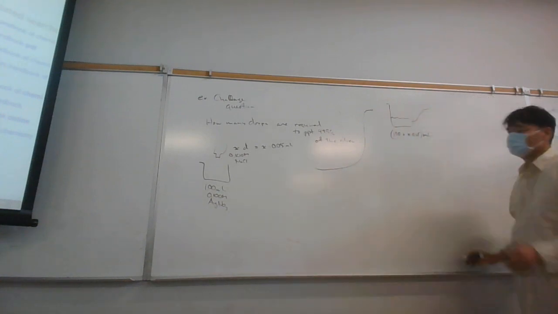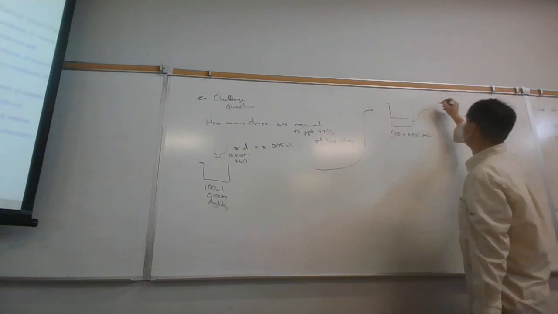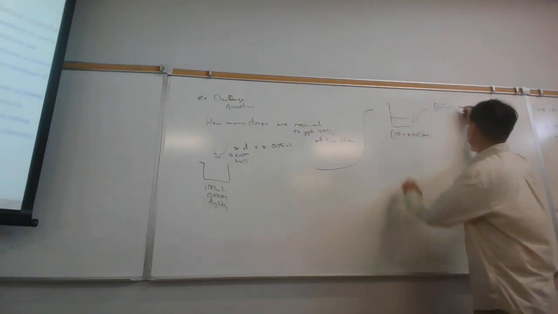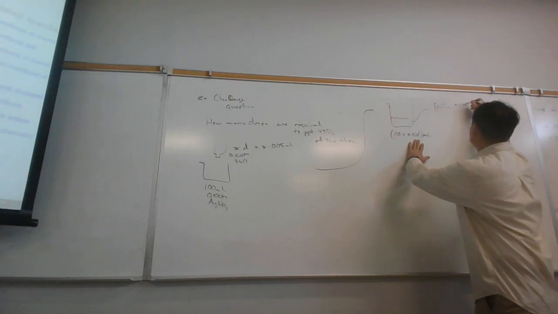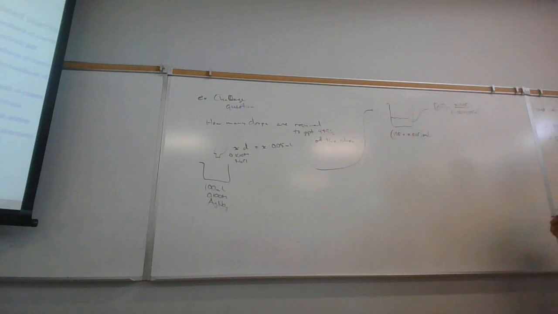Then we'll figure out the concentrations. The concentration for chloride is going to be X times 0.05, keep it simple, divided by 100 plus 0.05X, times 0.100.